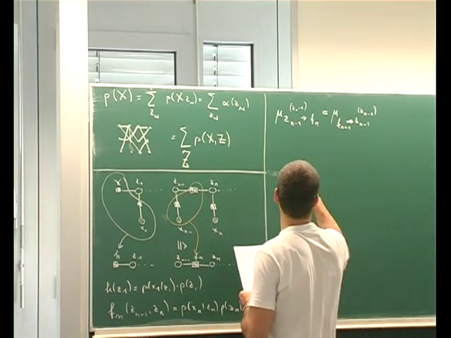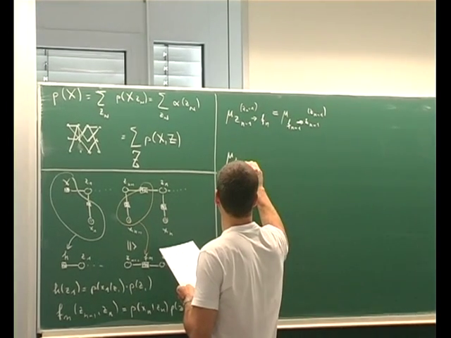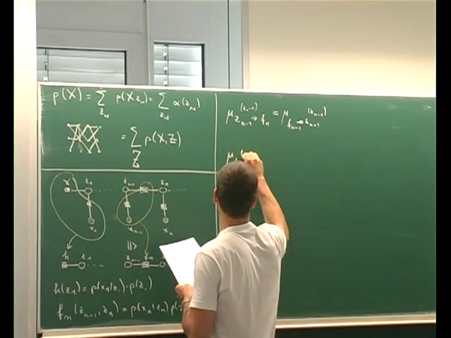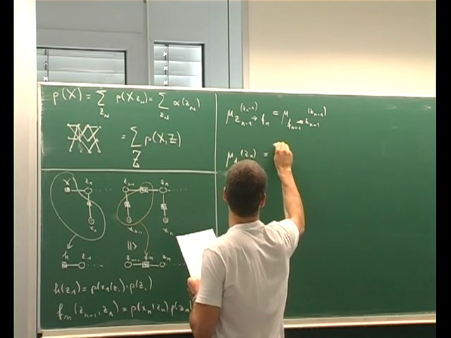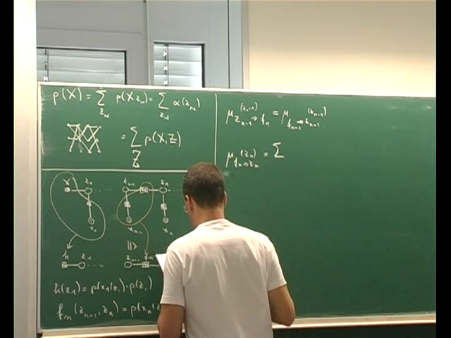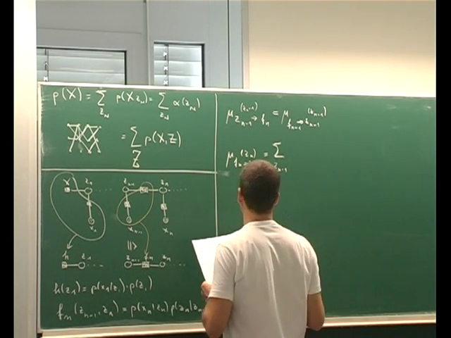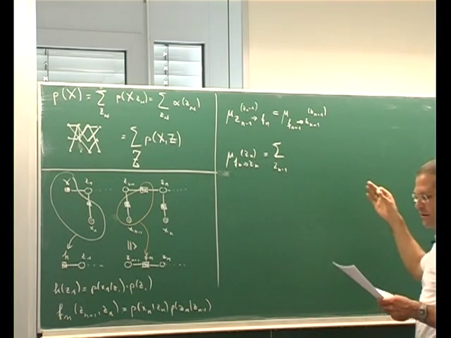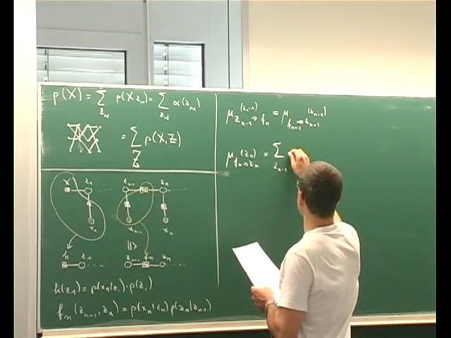And secondly, we have the message from factor n to hidden variable n. So you could simply look up this algorithm that we had written down 3 hours ago. This is just what I'm applying now.